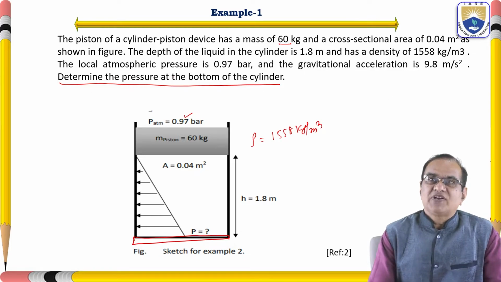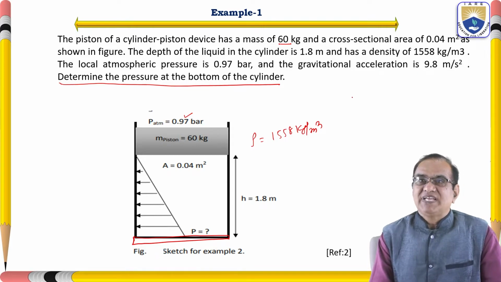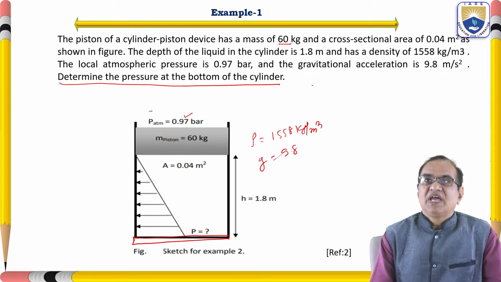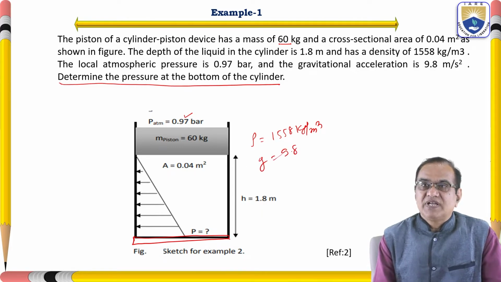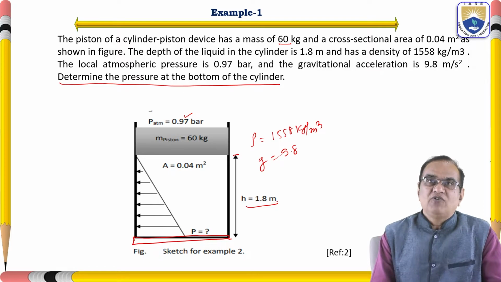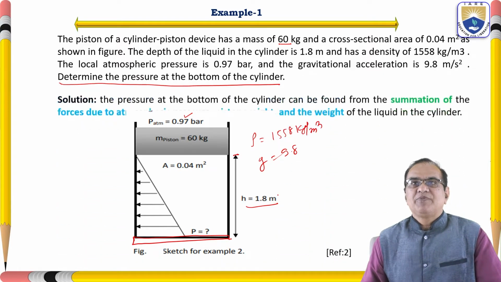The local atmospheric pressure is 0.97 bar, G is 9.8, and the height from the bottom to this point is given as 1.8 meter. So we have to find out how much pressure is existing. That is very important.